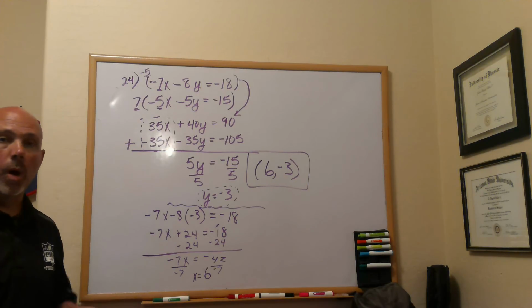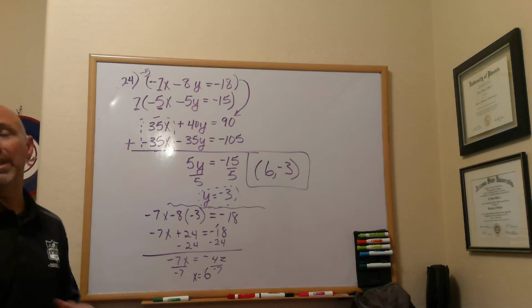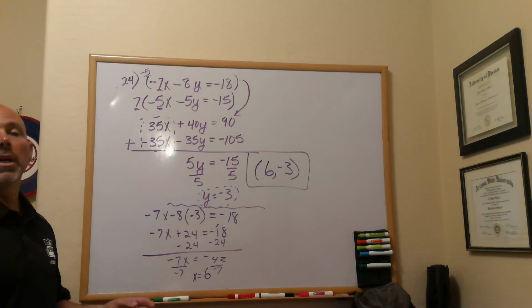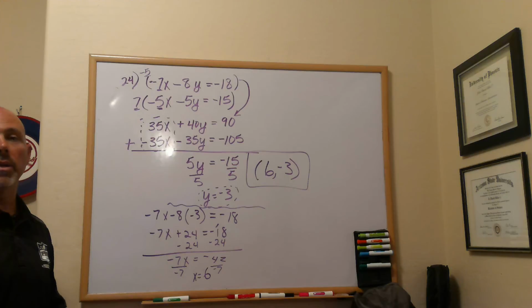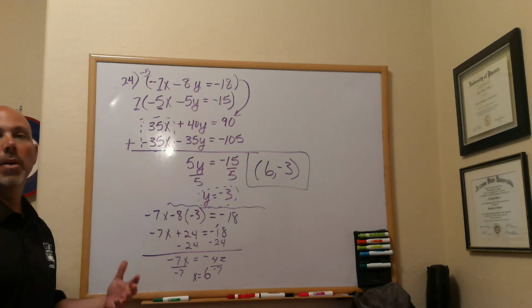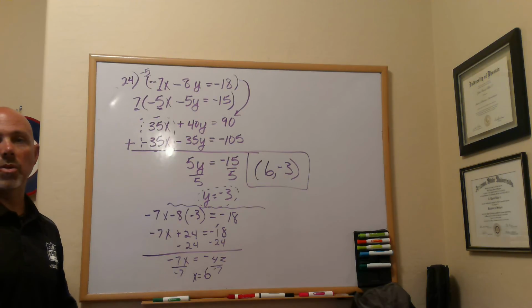In the level 1, or the easiest or least difficult level, the opposites already exist. So there's nothing that you need to do to the equations. You simply add them together. The opposites disappear, which leaves you just one variable, and you solve for it.